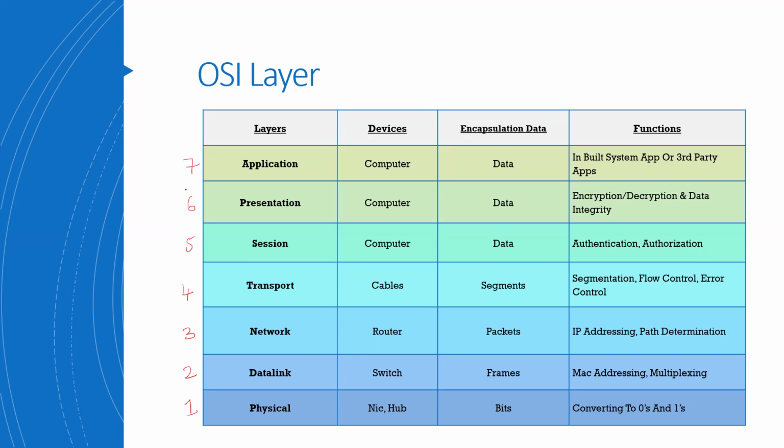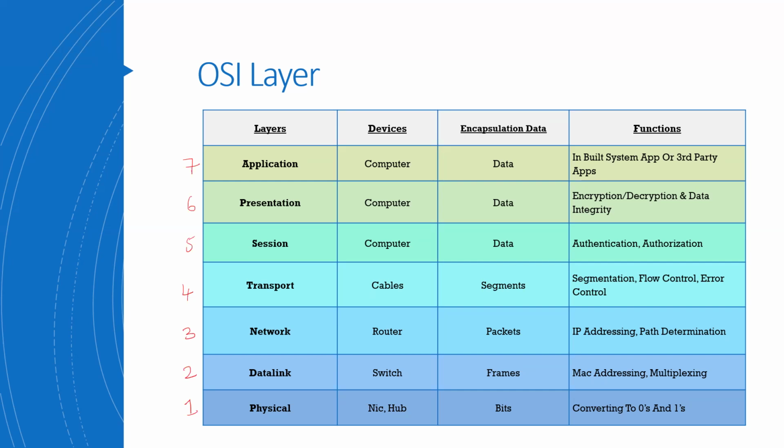So what is the physical layer? The physical layer deals with hardware transmission. The OSI layer 1, the physical layer, is responsible for transmitting raw data bits over a physical medium.